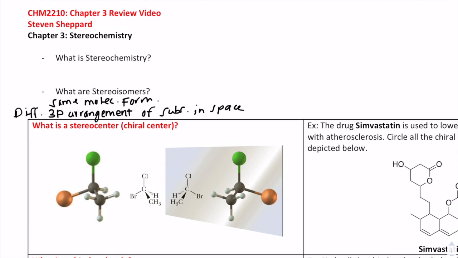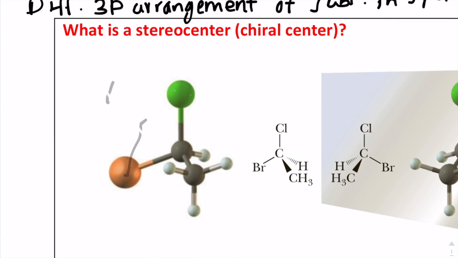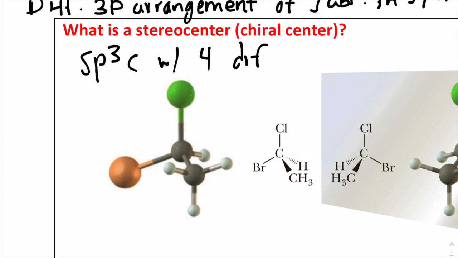So what exactly is a stereocenter, which we can also call a chiral center? The definition of a chiral center is an sp3 hybridized carbon with 4 different substituents attached to it. Think back to exam 1 when we were categorizing hybridization.